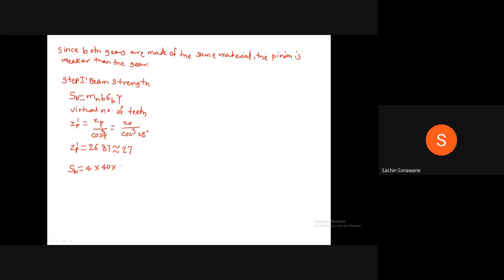Therefore 600 divided by 3 into Y27 they are given 0.3475. Therefore SB is equal to, what is the answer? 11.12 into 10 raised to 3 Newton. Therefore, this is our step 1. Now we will calculate wear strength. Step 2.